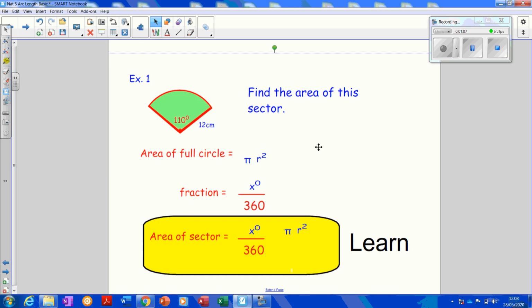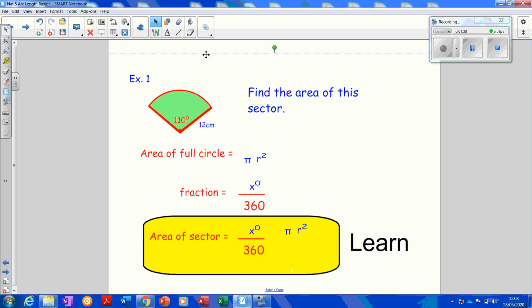So when you put it all together, there is a circle, or a part of a circle there, a sector it's called. And if we find the area of that, we've got the area of the full circle is pi r squared. The fraction of the circle is the angle x. In this case, it's 110 out of 360. And if we put all that together, we get that formula there. So we've got area of the sector is x divided by 360 times pi r squared. And that just comes from the fraction of the full circle.